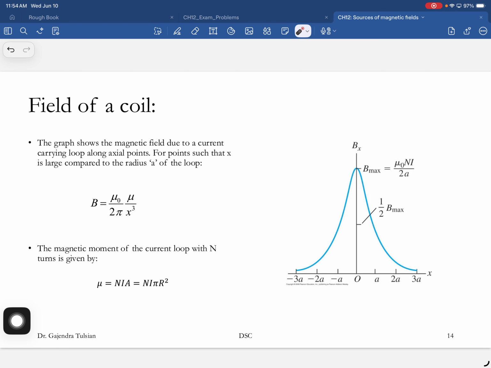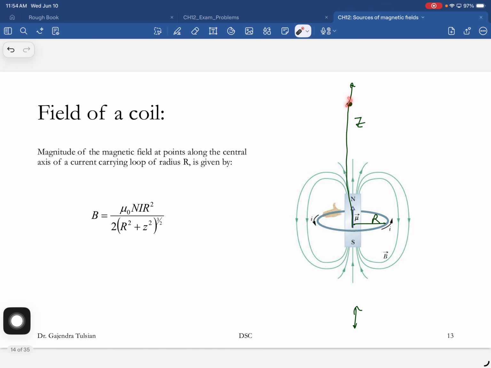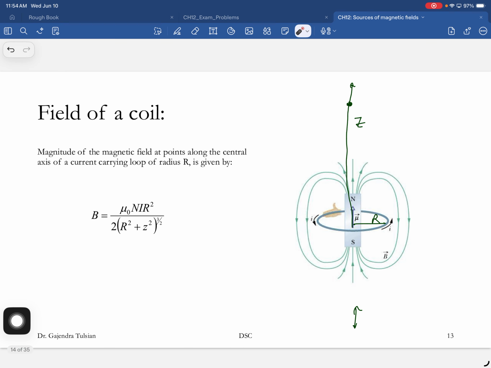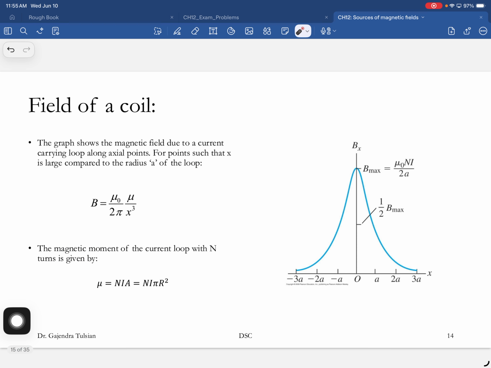So for far away point Z, that expression reduces to this, and this is the radius of the loop, and instead of Z, they've written X. So as you see, it's falling off as 1 over x cubed.